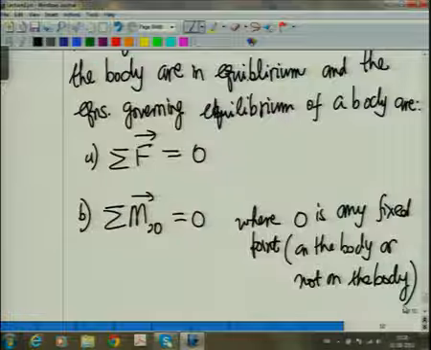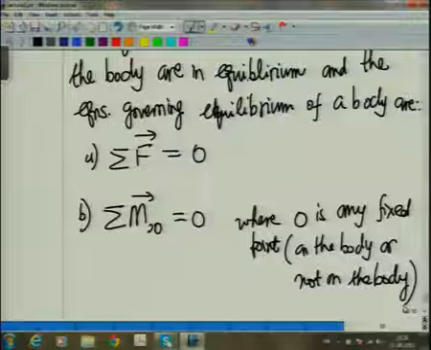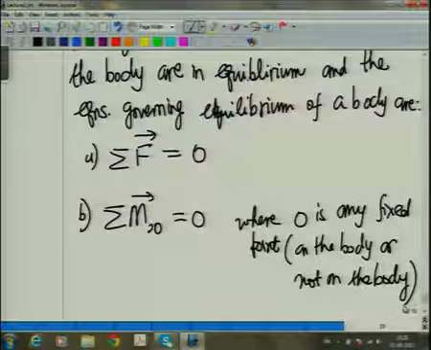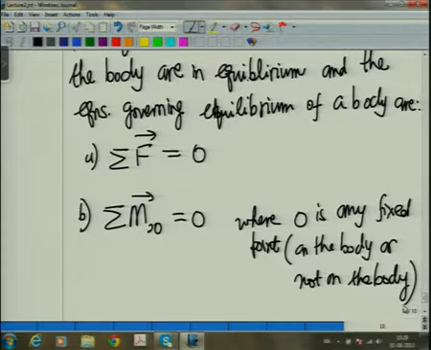The point should not move, and this point could be a point on the body, it could be a point fixed in space, it could be any point. And these equations will give you the equations of equilibrium. Now, if you look at this in a two-dimensional context, the first equation will give you two scalar equations.